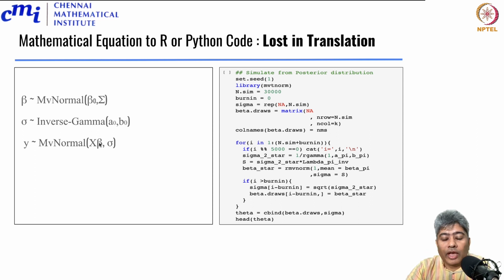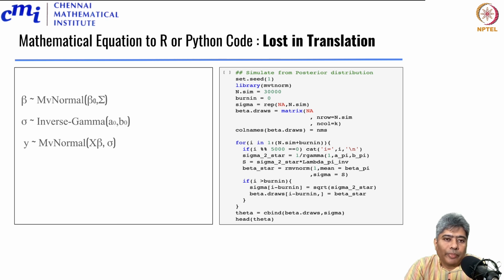Now if I have to implement this model in R, this will be the code. It is the code which is written by me. There are some functions also where you can call these functions and do that.